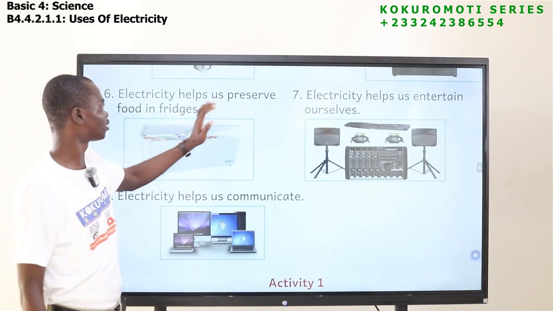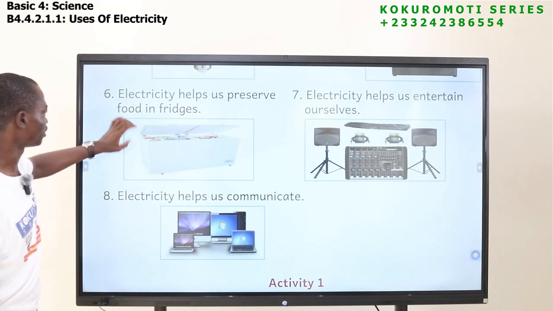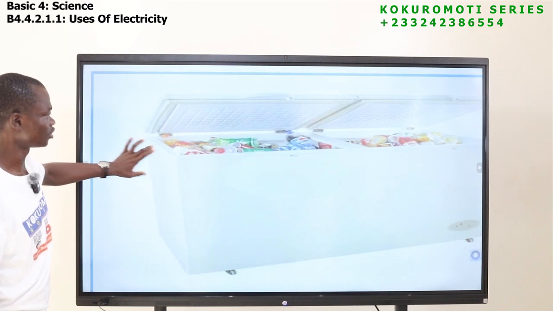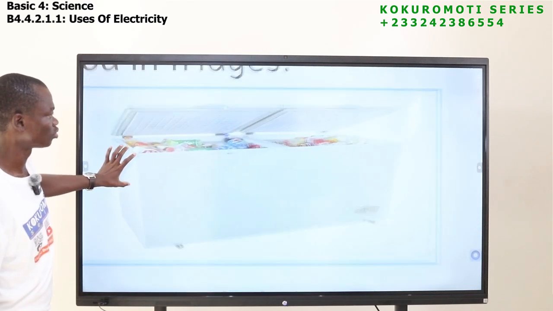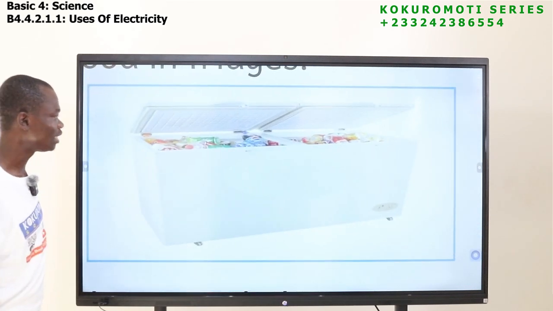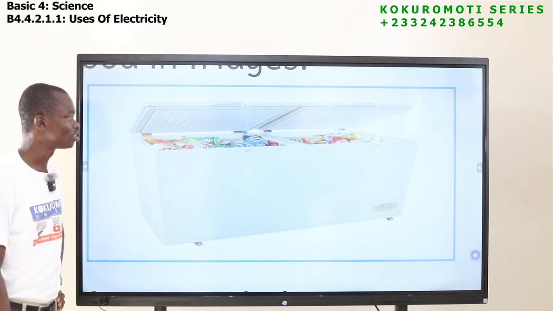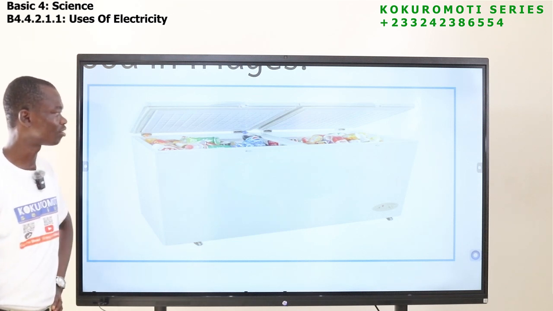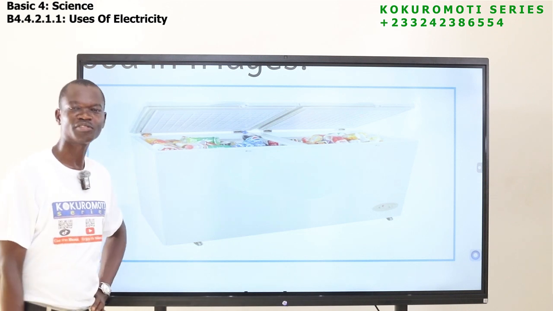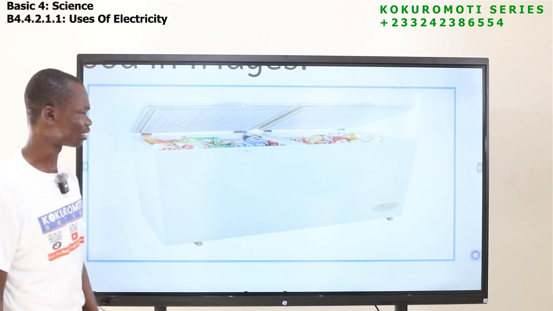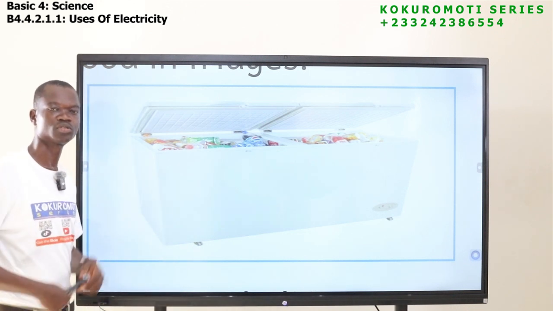Electricity helps us preserve food in fridges. So this is a fridge, and we know we keep our meat, our soup, our stew, our drinks, our vegetables, and other foodstuffs in the fridge. Why do we do that? To preserve them, so that they can what?